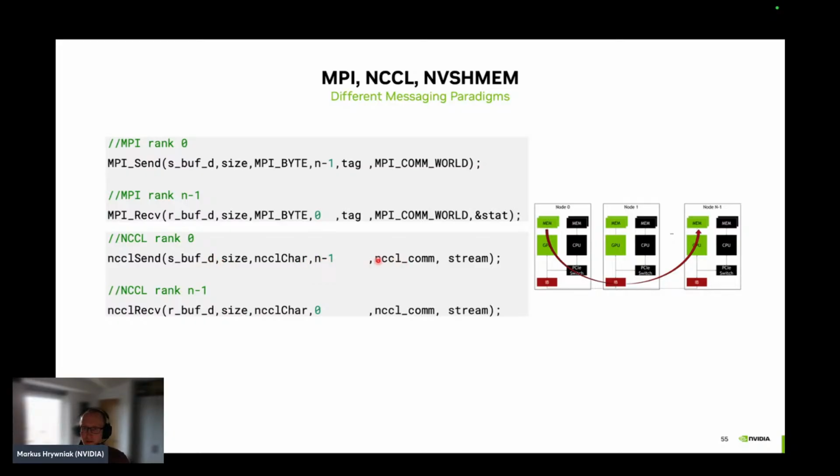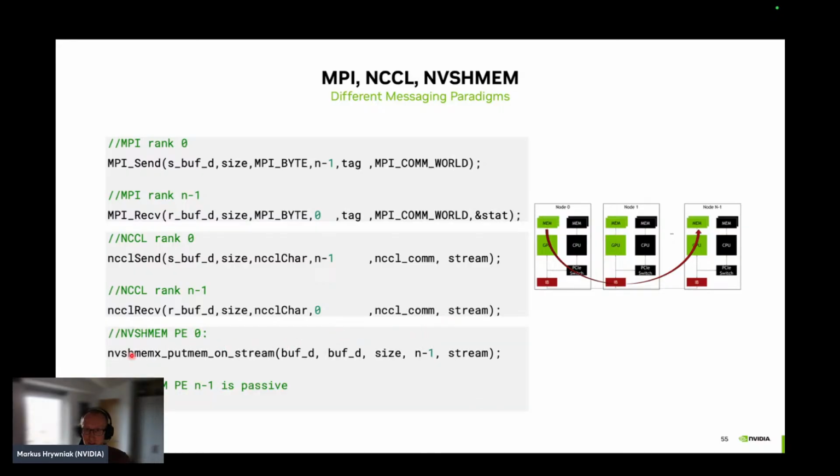You have a similar concept to the communicator in NCCL. But in addition, and this is very important, we have the stream parameter. So you can now have your communication be stream-aware and have it automatically scheduled according to how you enqueue kernels and communication into the same stream.